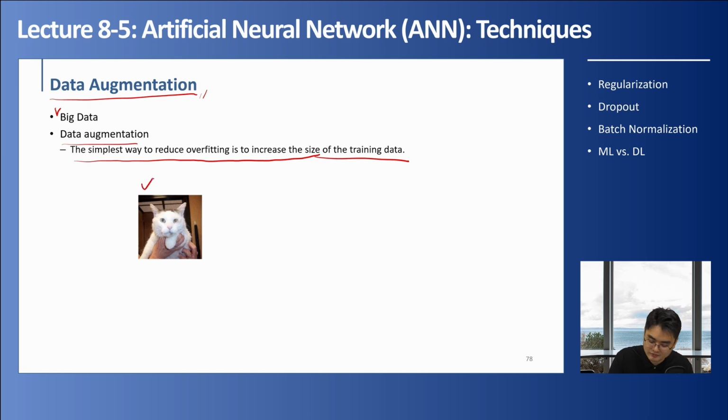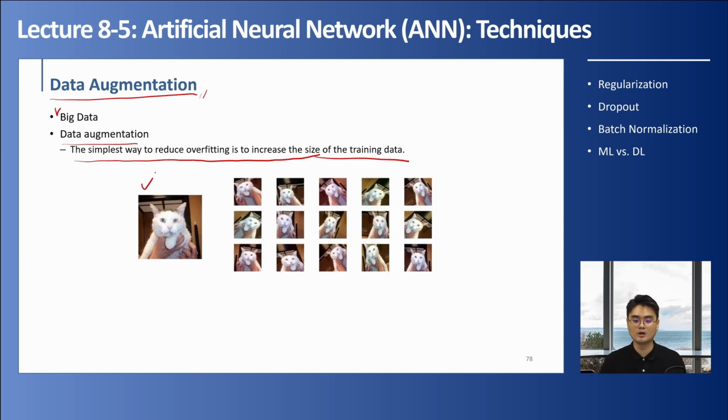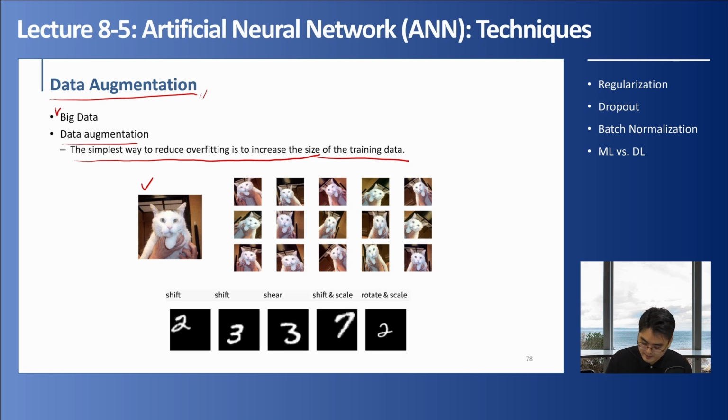This means that if we have this single image currently, we can try to make this image in different shapes, rotate these, shift these, and change the directions, etc. So, for example, we can shift our image, shear our image, shift and scale our image, rotate and scale our image, and generate various data, which is also data of cats.